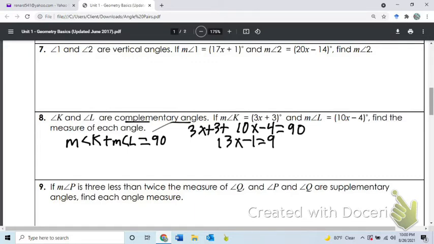And then math it out. So 13x minus 1 equals 90. 13x equals 91, or x equals 7. We then plug 7 back in. I'm going to go the measure of angle K. 3 times 7, 21, plus 3 is 24. And again here, you can just go 90 minus 24 to get 66.